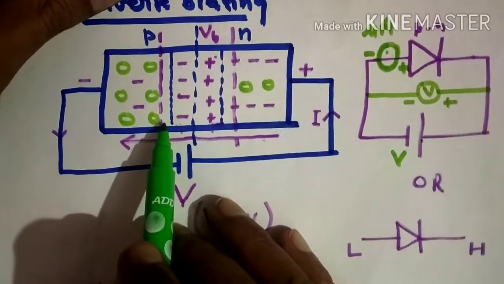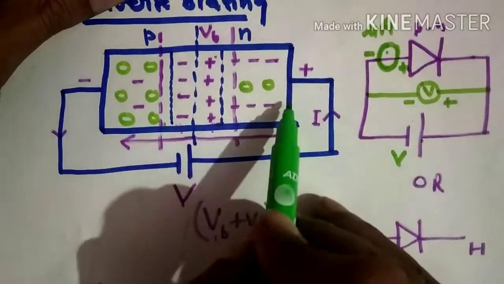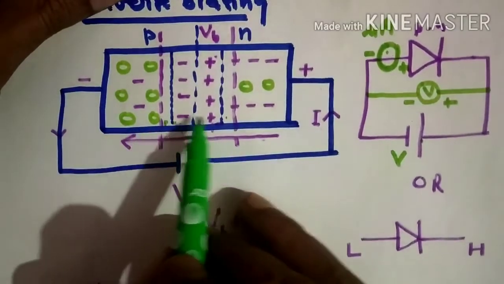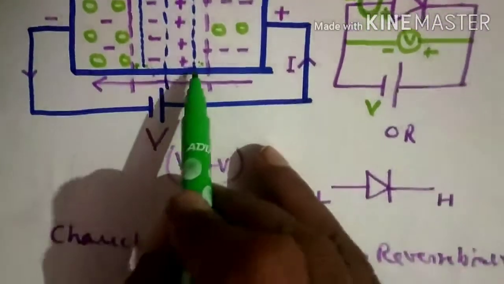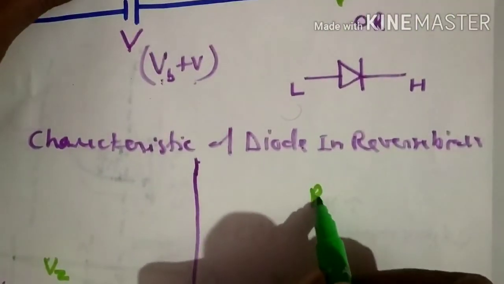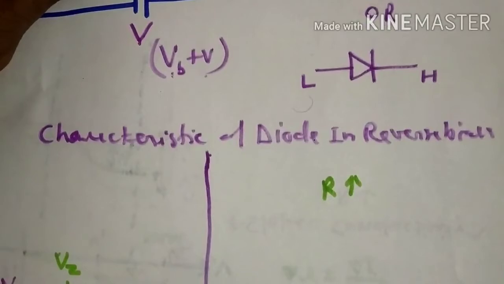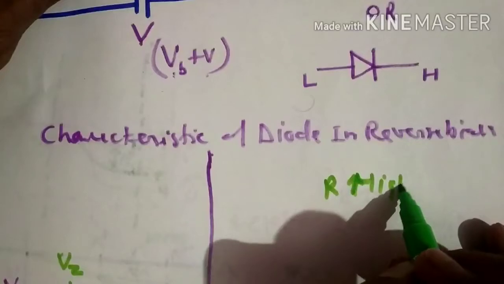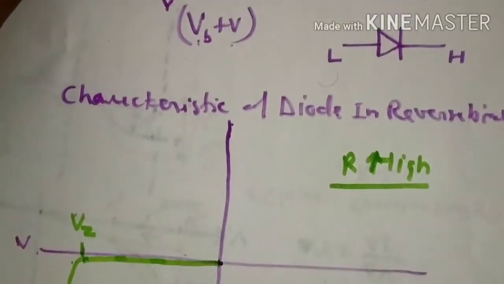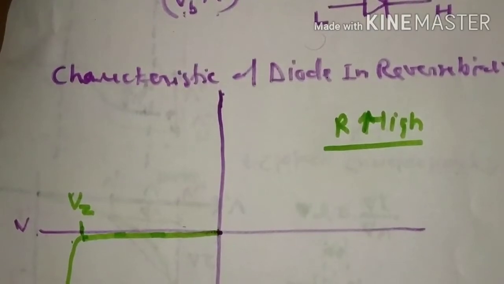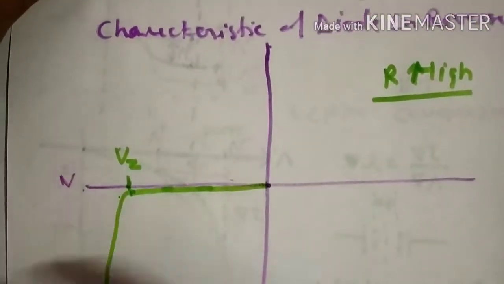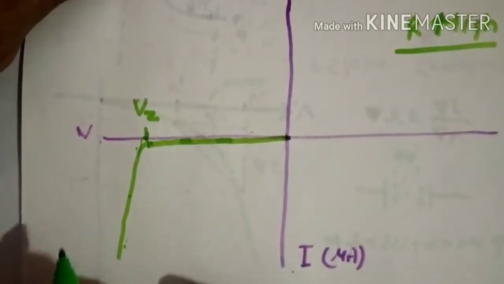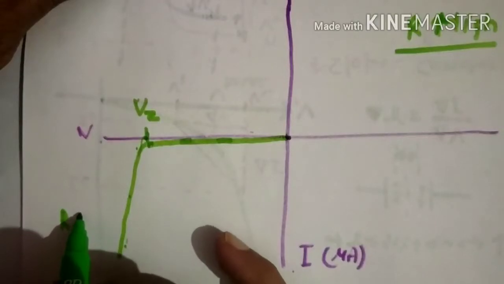As I told, most of the resistance is across the depletion layer only. And here the width of the depletion layer increases. It means the resistance in the reverse bias increases. In the reverse bias, there is a high resistance in comparison to that of the forward bias. Yes, after breakdown, since the current increases rapidly, the resistance decreases rapidly.